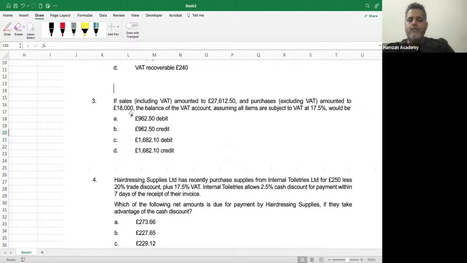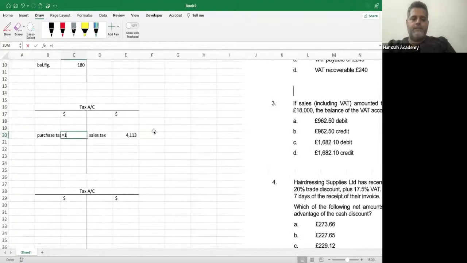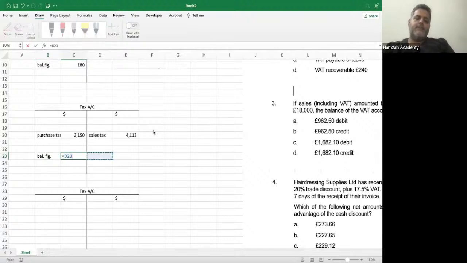That's 18,000 purchases excluding VAT. So that's going to be 18,000 into 17.5, so 0.175 over here. Done. So automatically we'll have the balance figure on this side because this side is heavier. So 4113 minus 3150, we get 963 over here.